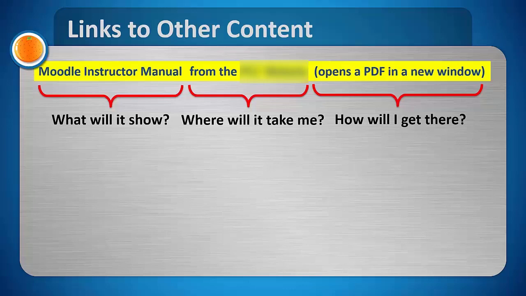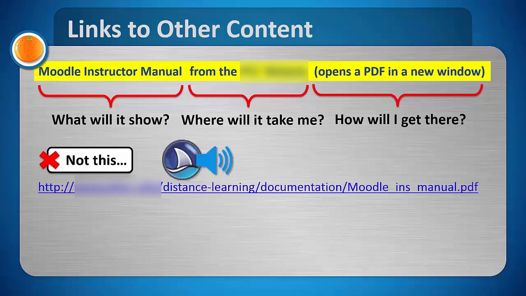So by providing this information in the actual link itself, the screen reader is going to read that information, and the person using the screen reader is going to have a lot more information about what that link's going to do and where they're going to be taken. For example, here's the address to the Moodle instructor manual. This is the actual link itself, hasn't been modified, so a screen reader is going to read this thing character for character.